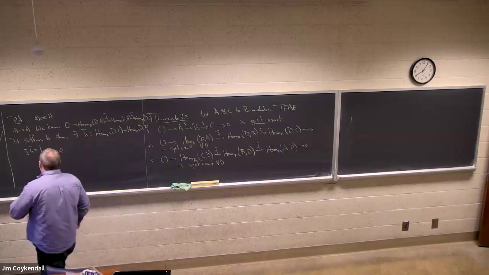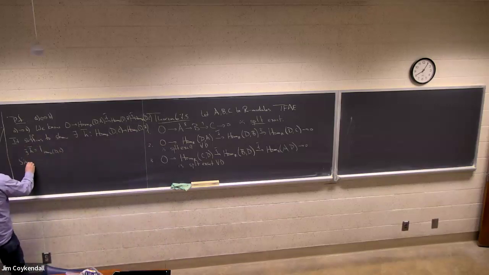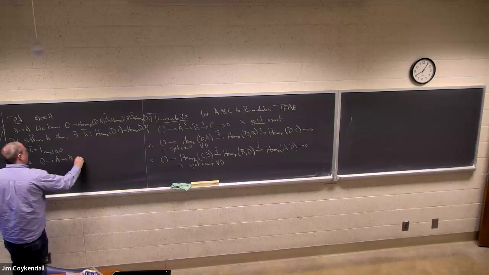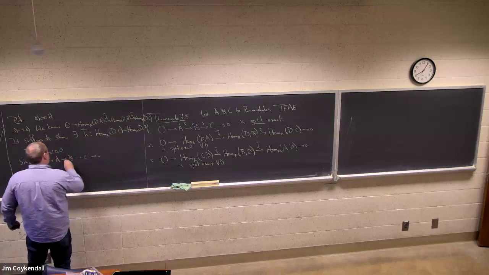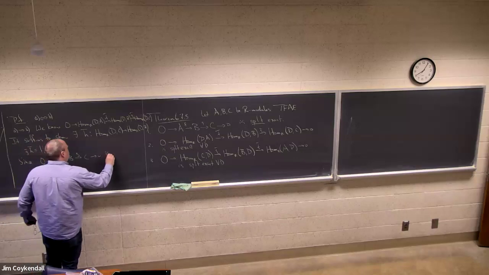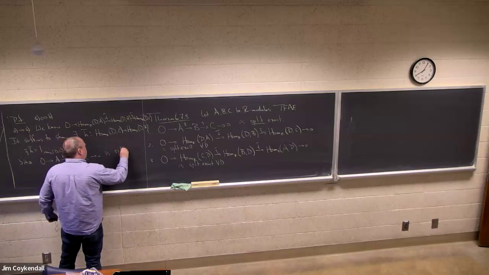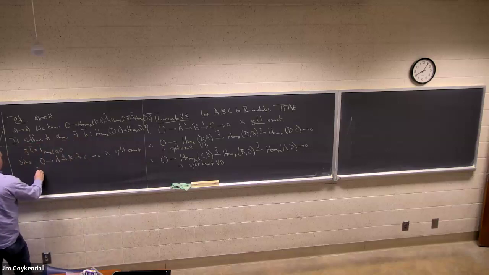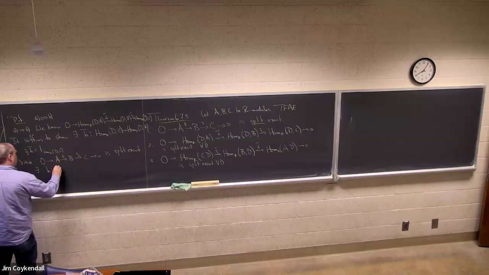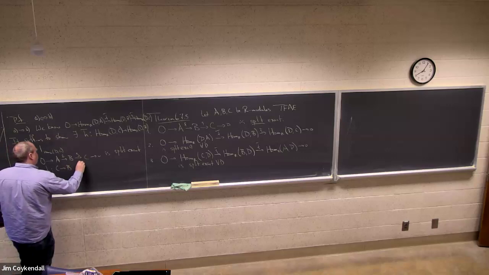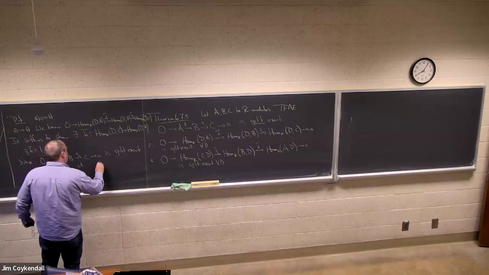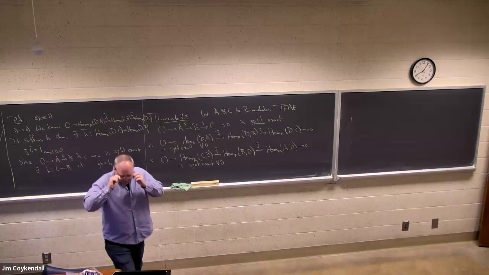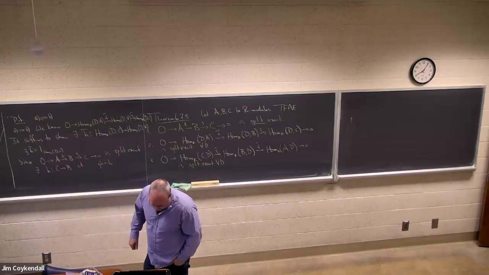Now, since we have the splitting, there exists H from C to B such that when you do H and you do G, you get the identity on C, right? And it's going to turn out that's really all we need.